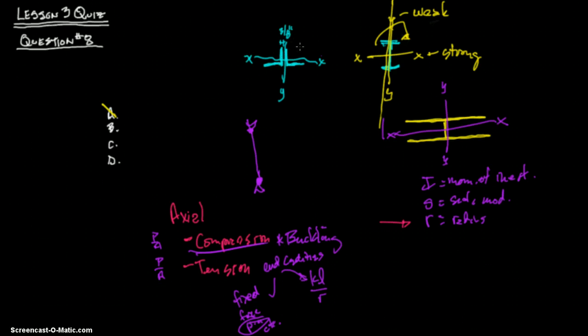And especially with these double angles, it cannot be assumed that your x-axis is going to be your strong axis. So design is based on Ryy. That's incorrect. For the same reason, design is based on Rzz. Incorrect. The design may be based on either Rx or Ry. And there you go. D is the correct answer for question number 8.